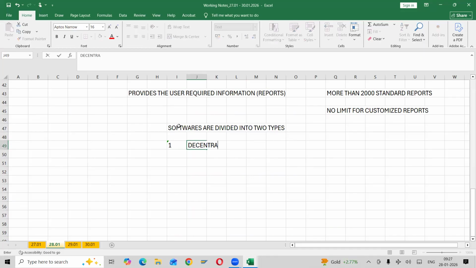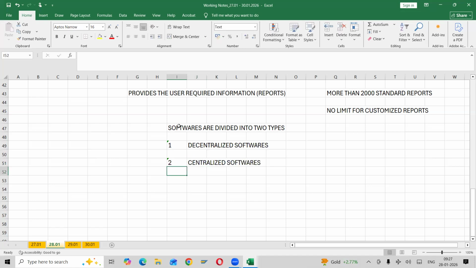Decentralized softwares. And the second one, centralized softwares. Softwares are only two types: one is decentralized softwares and the other is centralized softwares.